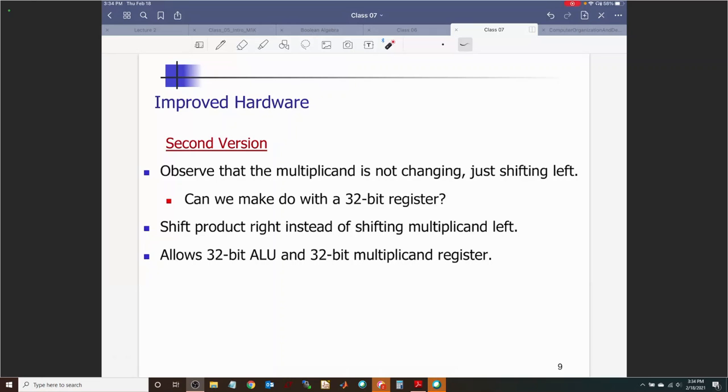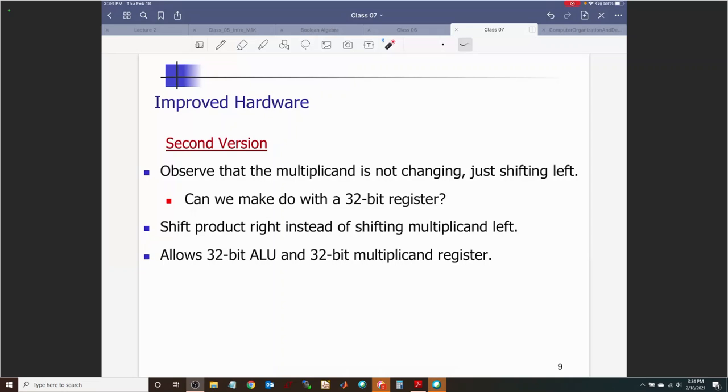But in the second version, we observe that the multiplicand is not changing, right? The multiplicand is always the same. We are just shifting the multiplicand left one bit at a time. So how about, can we make do with a 32-bit register? That's our first question. Why do we need a 64-bit multiplicand? We're not changing the value.